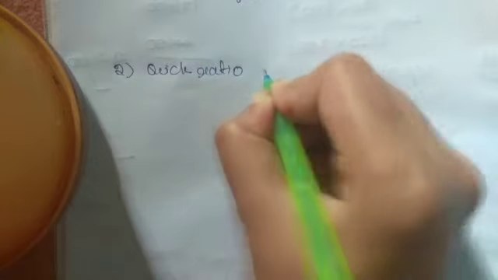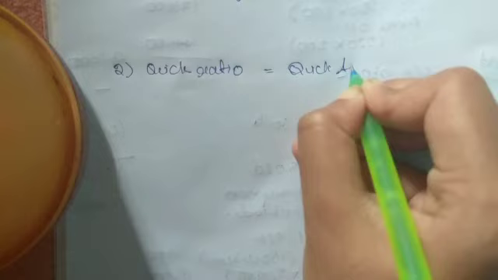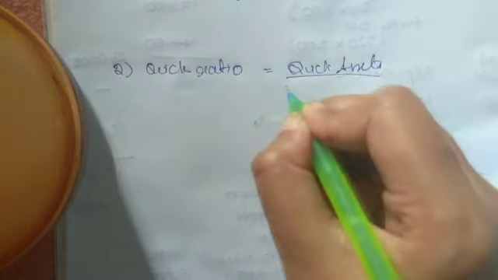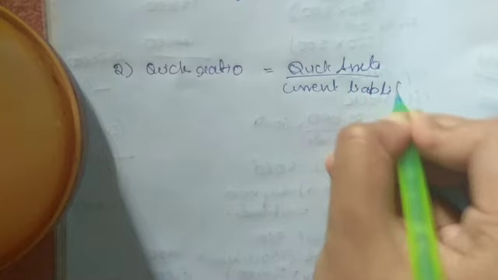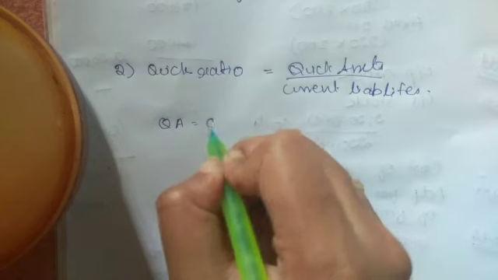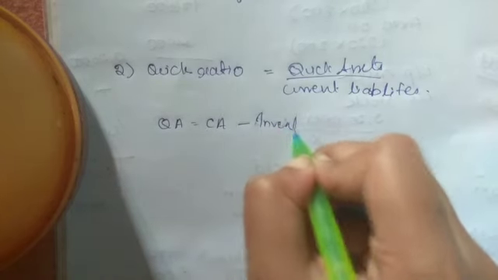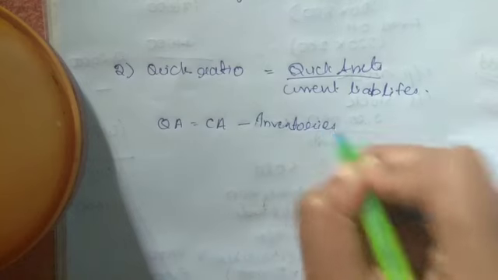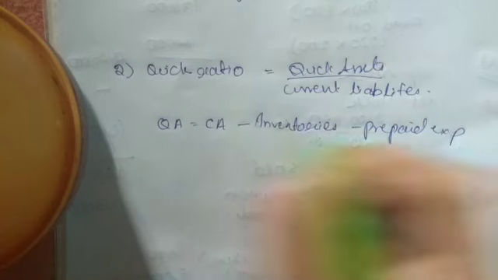The second one is quick ratio. Quick ratio is equal to quick assets divided by current liabilities. Here quick assets will be current assets minus inventories minus prepaid expenses.